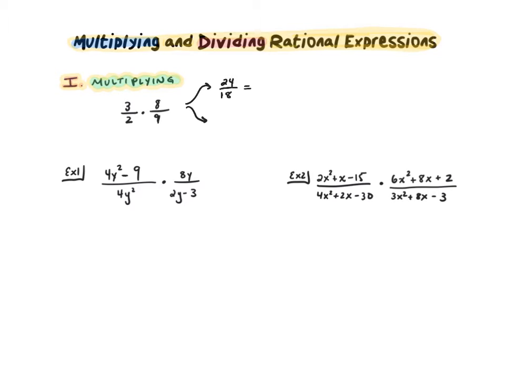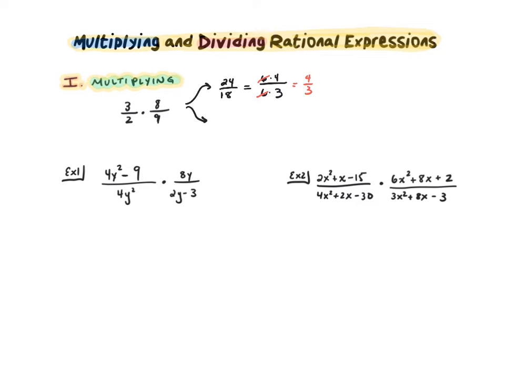So 24 is 6 times 4 and 18 is 6 times 3, and 6 divided by 6 is 1, so you just get 4/3. So that's one way you can do it. When you multiply fractions, you multiply the tops and you multiply the bottoms, and then you can reduce.